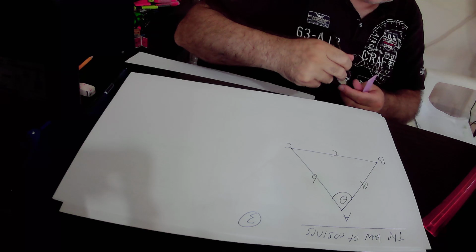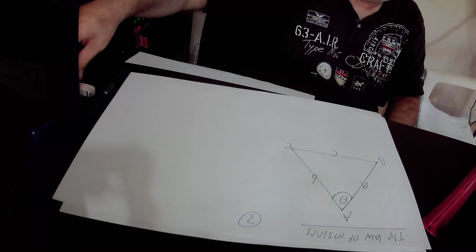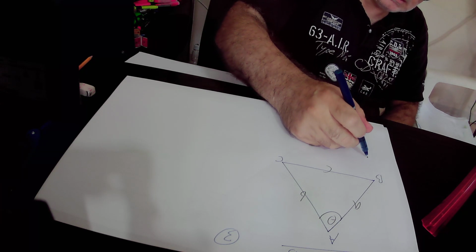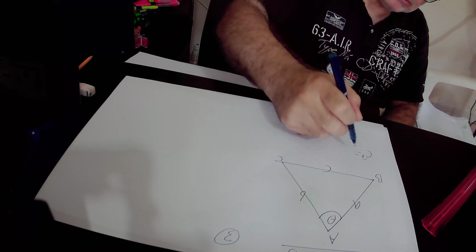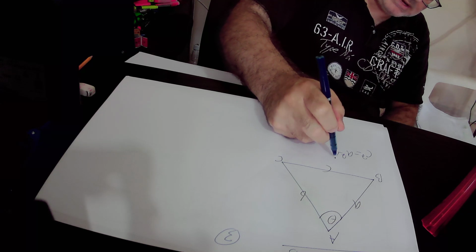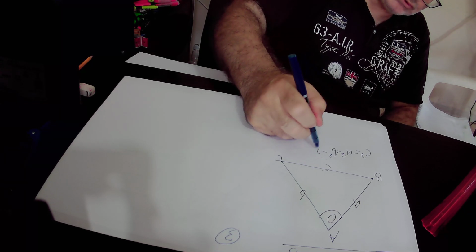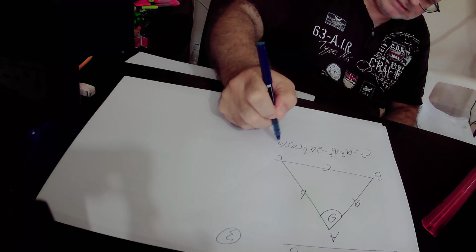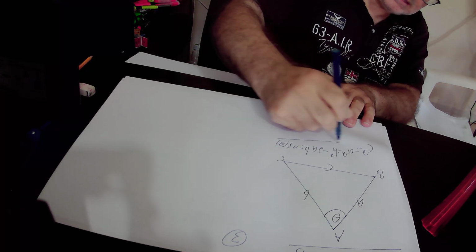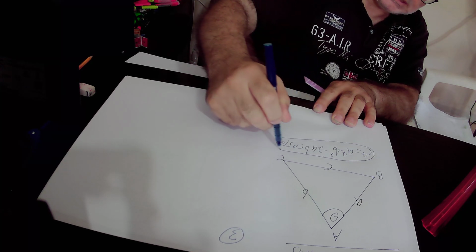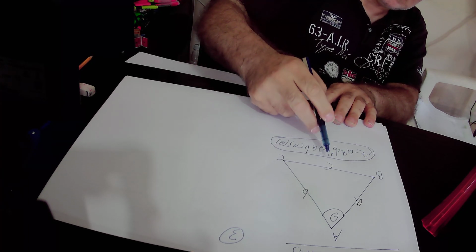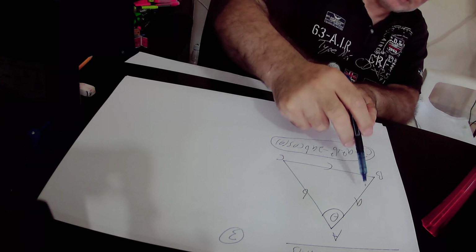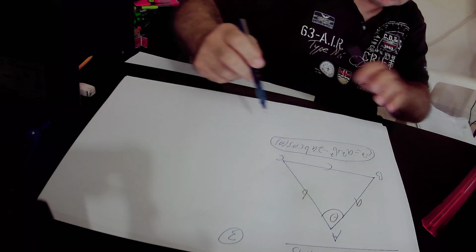Then according to the law of cosines, C squared equals A squared plus B squared minus 2 times A times B times cosine theta. I'll repeat again, in any triangle ABC, C squared equals A squared plus B squared minus 2AB cosine theta.